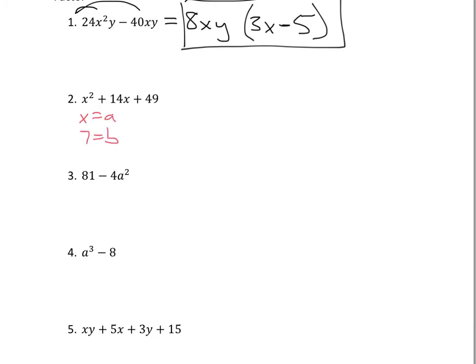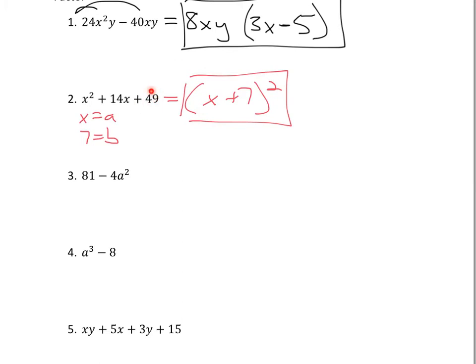If you go back to your notes and look at what that perfect square formula says, it says that a squared plus 2ab, which would be 14x, plus b squared, which would be 7 times 7, which is 49. Okay, so the way this factors is it factors down to become just a plus b quantity squared, which is x plus 7 quantity squared.